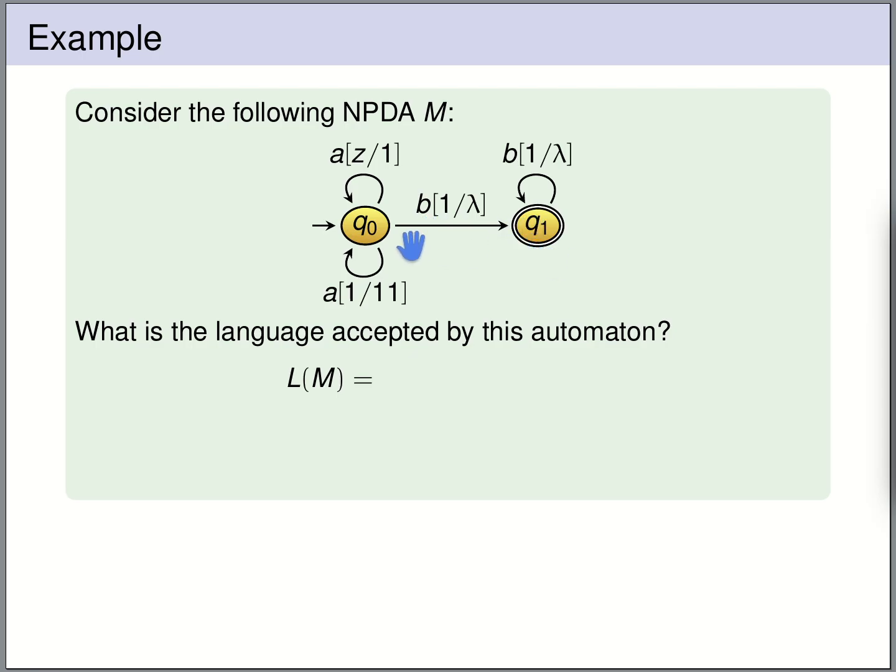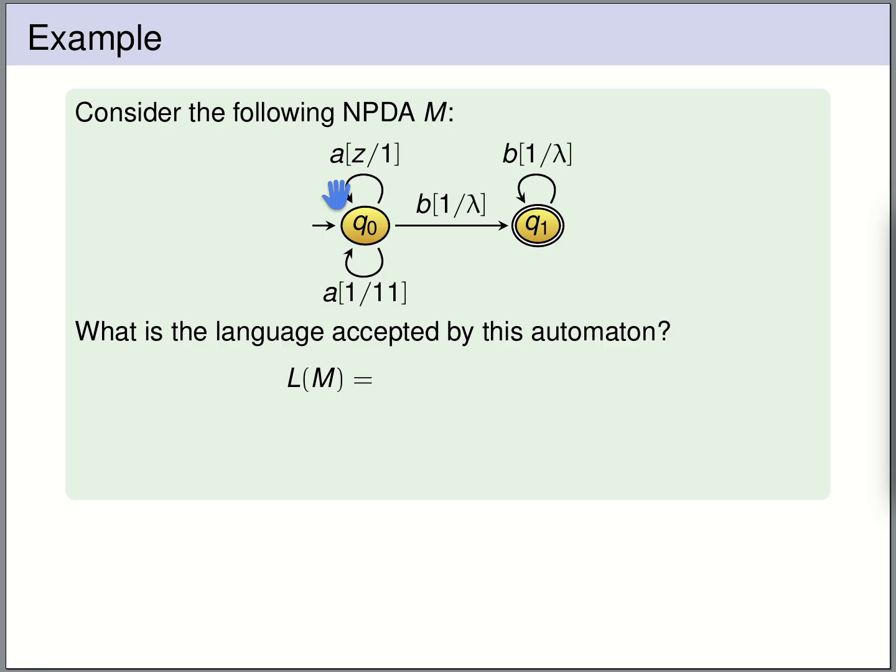Then, after having read a B, we can immediately accept, but we can also continue reading B's, and for every B, we remove one 1 from the stack. So we can read at most as many B's as we have read A's before.